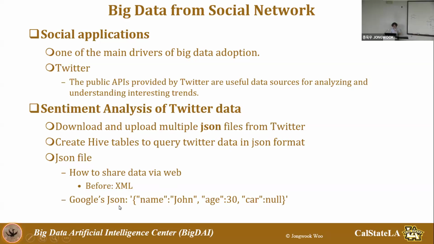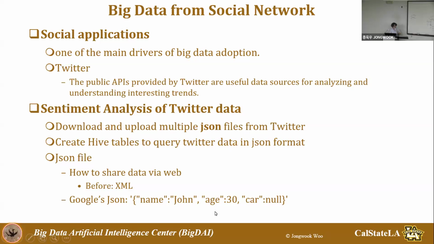So if you look at the simple example of a JSON file, it is always enclosed with curly brackets. So you can see left and right curly brackets. And then it has multiple elements such as name, age, and car that you can define by yourself. Each element has a value, like name as John, and you can enclose them with a double quotation or a single quotation.